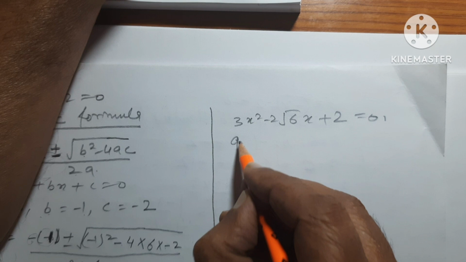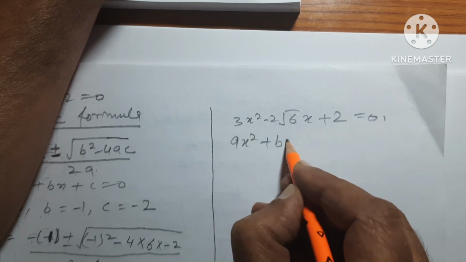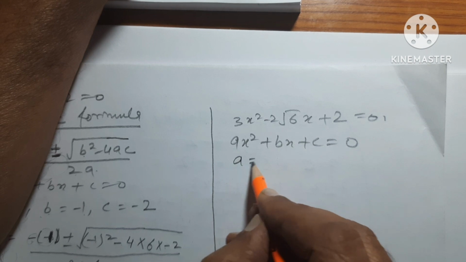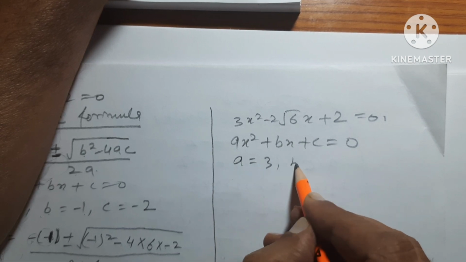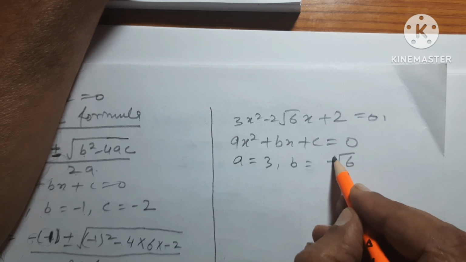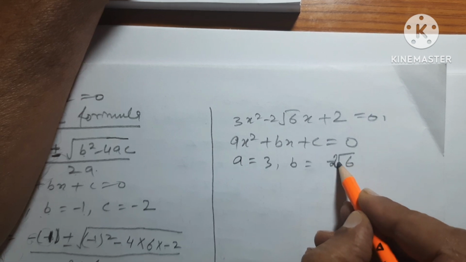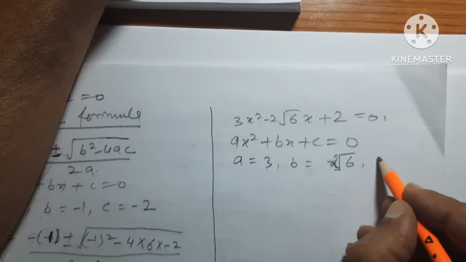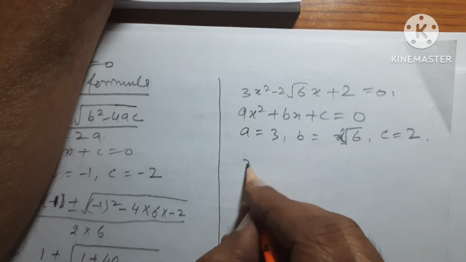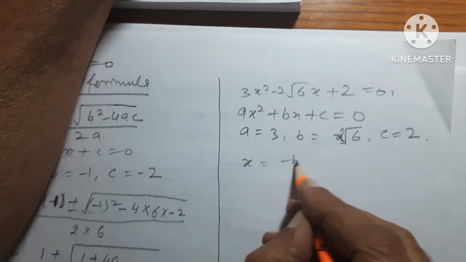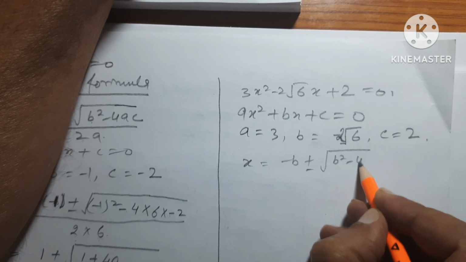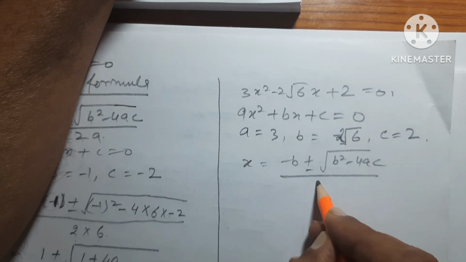So standard form ax square plus bx plus c is equal to 0. A is equal to 3, b is equal to minus 2 under root 6, and c is equal to 2. Quadratic formula is minus b plus minus under root b square minus 4ac over 2a.